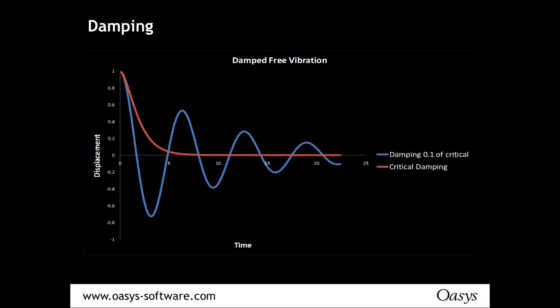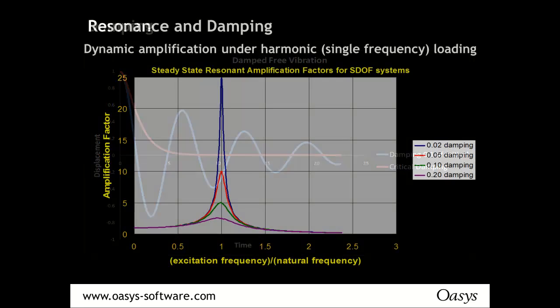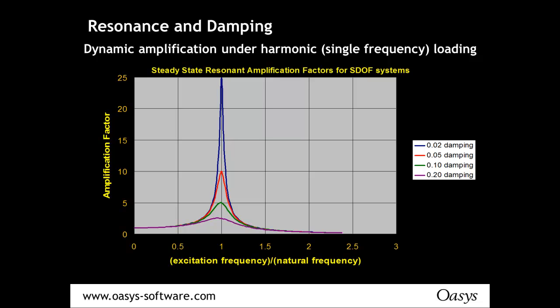Now, this value of damping is critical when it comes to resonance analysis, because if you look at this little chart here, you can see with little damping, the amplification of the vibrations is quite high, and the more damping you've got, the lower the resonance that you get.